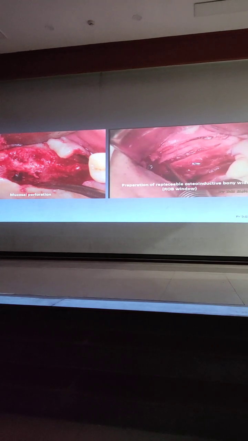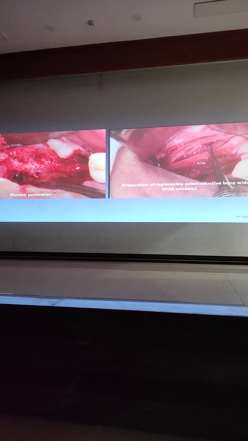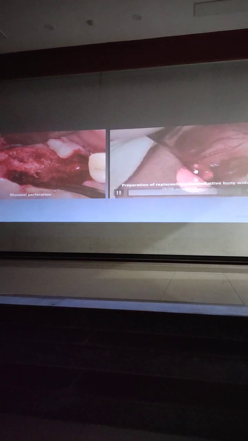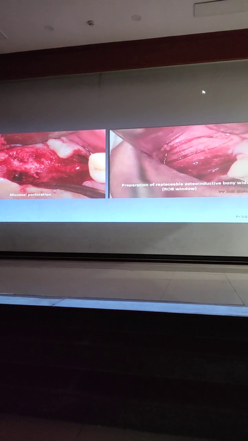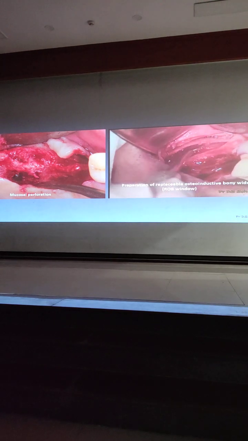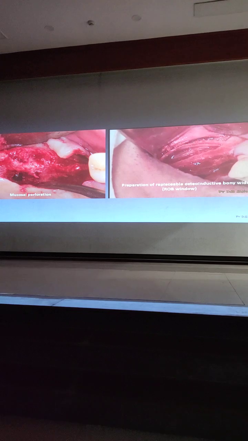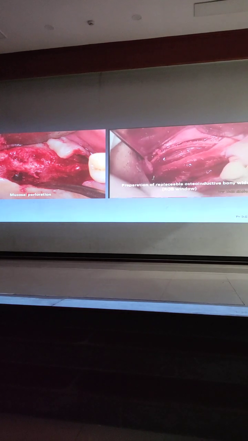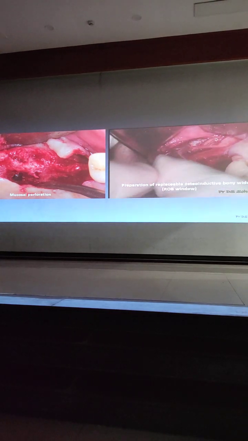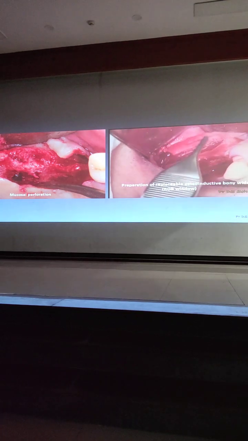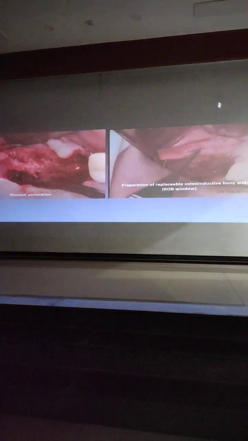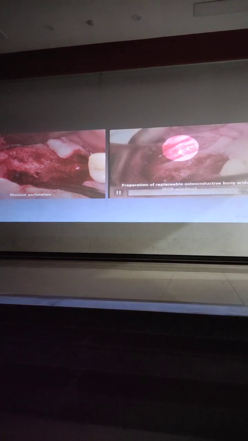ROB window, replaceable osteoinductive bony window walls developed. Look at the undamaged artery.